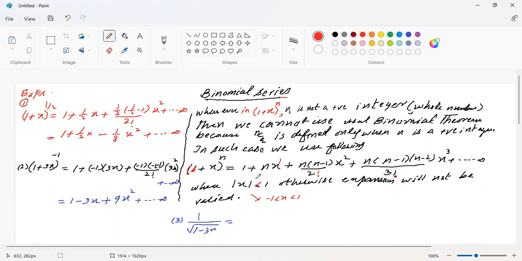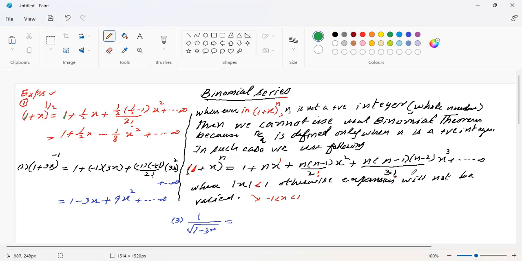Now by using this formula, we are going to expand some examples. First of all, I am taking this example. I already expanded it to save time. Using this formula, the first term is always 1 and the second term is the product of the power and x. The third term is the product of n into n minus 1, as you can see in this formula, divided by 2 factorial, times x squared.